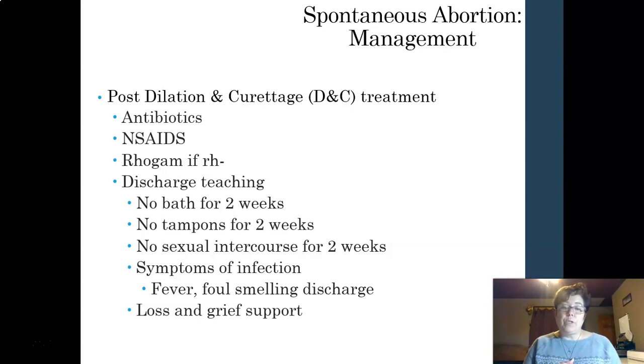Maybe give her resources, give her numbers for support groups, because once again, this is the loss of a pregnancy. She may have known she was pregnant already. She may not have known and just found out that she was pregnant and losing that pregnancy. So there's a lot of emotions that can occur. So it's very important to remember not only the physical care, but the emotional care.